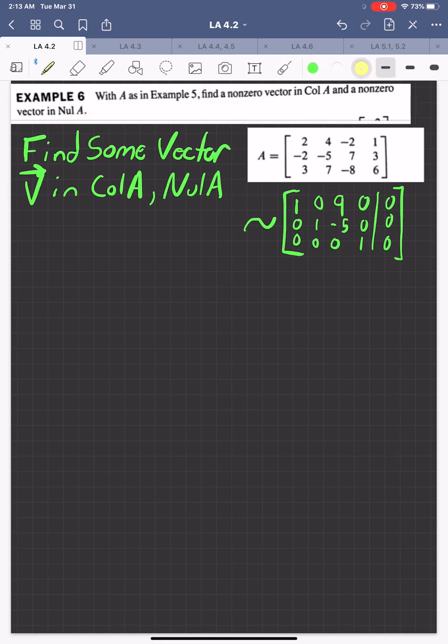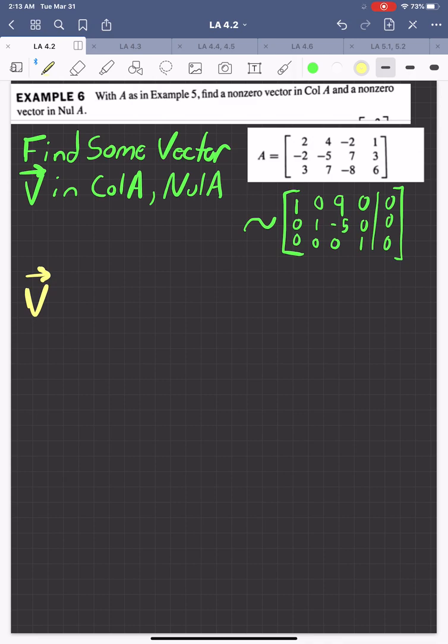So what's the game? The game is, can you find some vector V that's in the column space? And then can you find some vector V that's in the null space? Well, let's start.